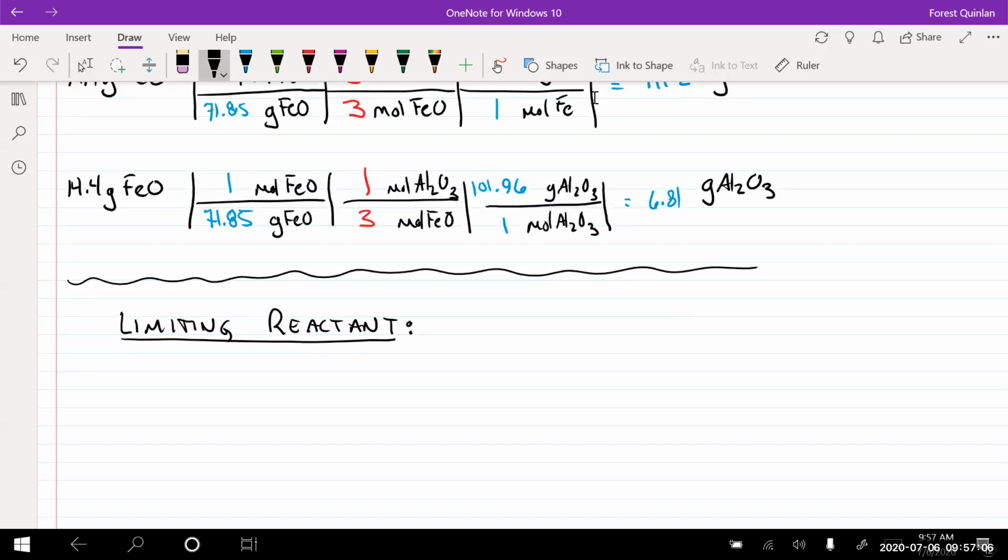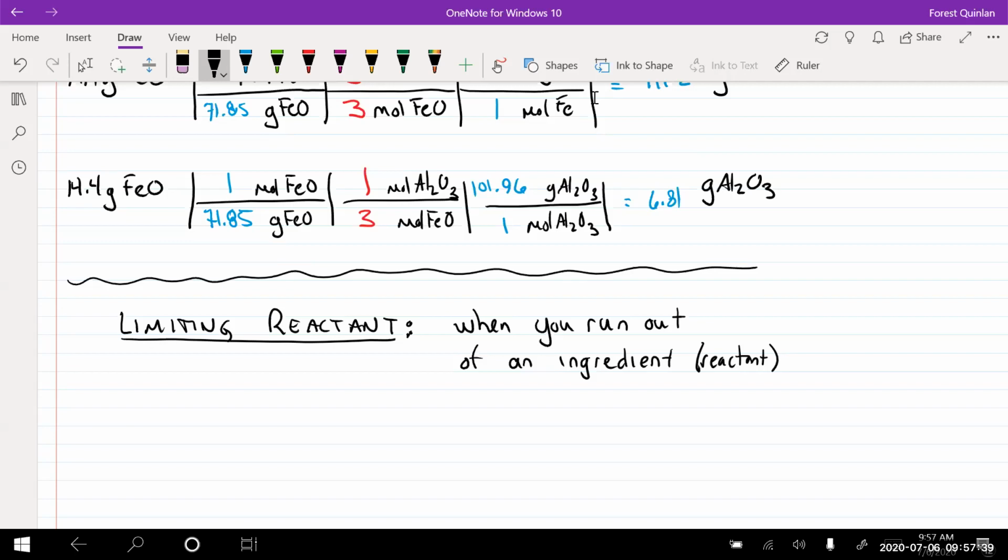As the name sort of implies, when you run out of an ingredient, that's the limiting reactant. The calculations we just did, whether by the molar ratio ones or the FeO, assume that I had the exact amounts of everything that I needed.